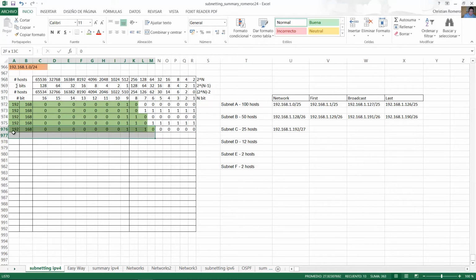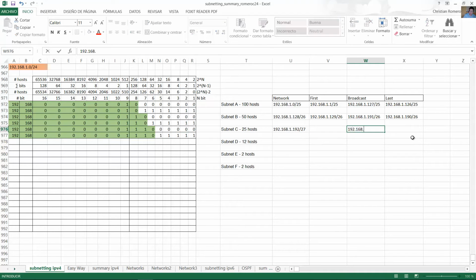The broadcast: copy the network portion and fill the host portion with number ones. Allow the broadcast 192.168.1. This is 192 plus 31, 223.